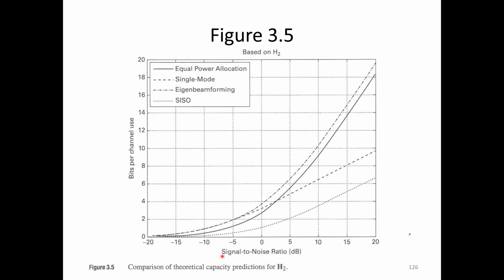We can see that when the signal-to-noise ratio is small, the eigenbeam forming curve, this curve, and the single mode beamforming curve, this curve, they merge into one curve, this one.